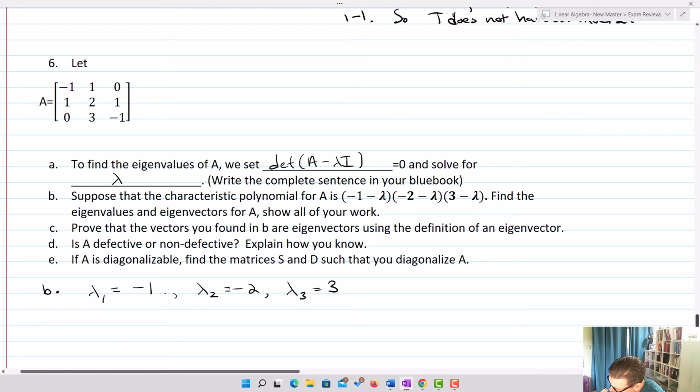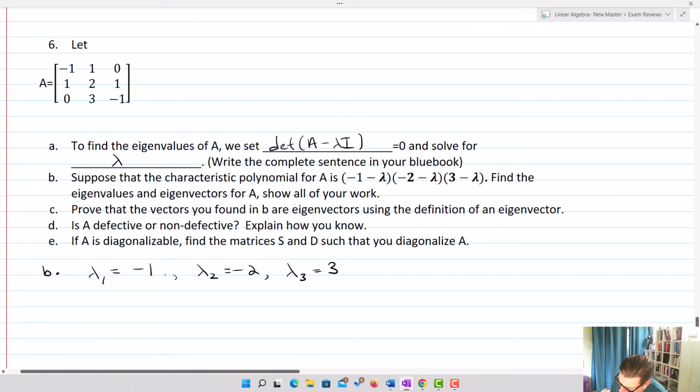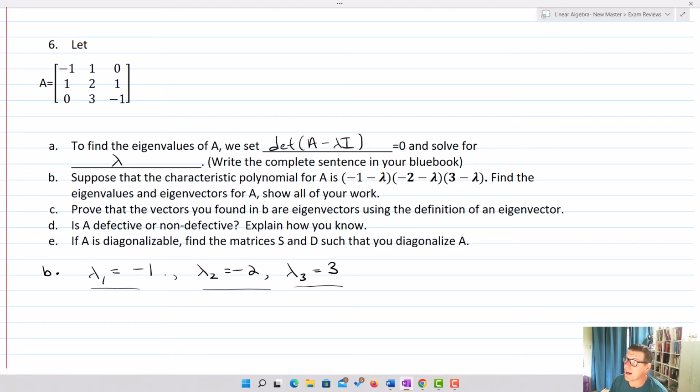Those are my 3 eigenvalues, so I'm going to get 3 eigenvectors. This is in R3, so I'm going to get a non-defective matrix and be able to diagonalize. I should know that already because I've got 3 distinct eigenvalues.